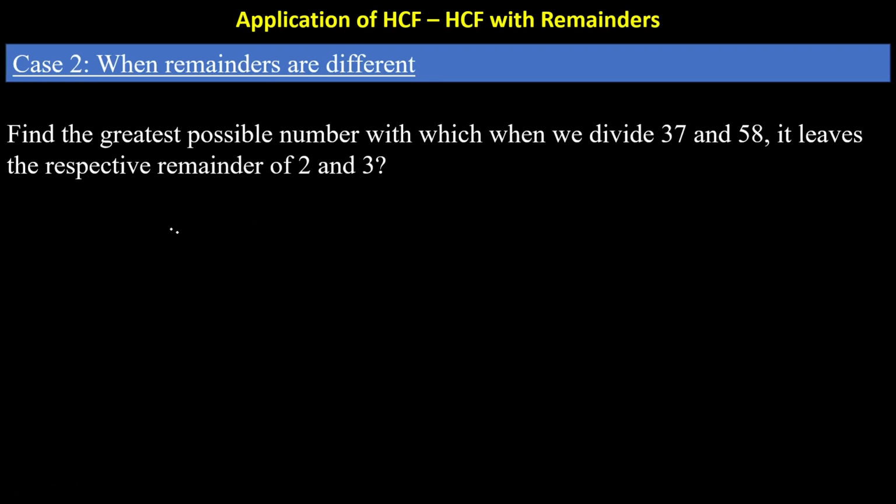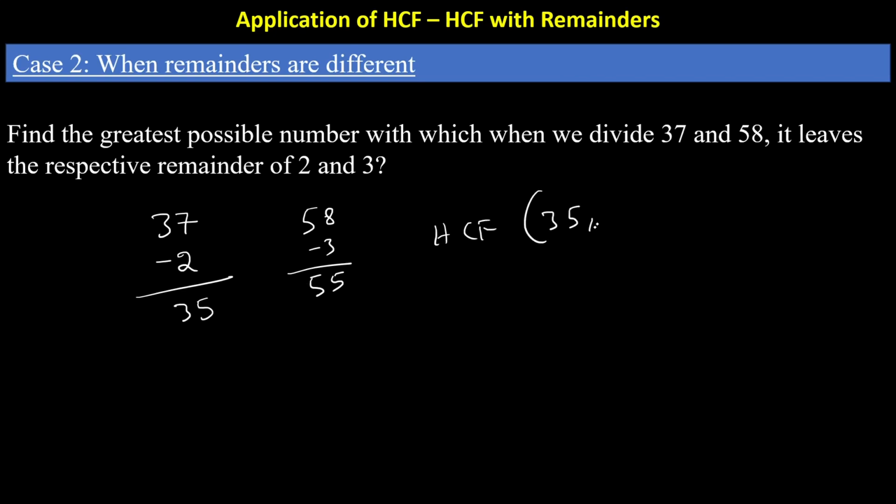So when remainders are different, what do we need to do? It is just like the above, but since the remainders are different, subtract the respective remainders from the respective numbers. 37 minus 2, what is the number? 35. And one more number, 58 minus 3, 55. Now find out the HCF of 35 and 55. So what is the largest? 55.